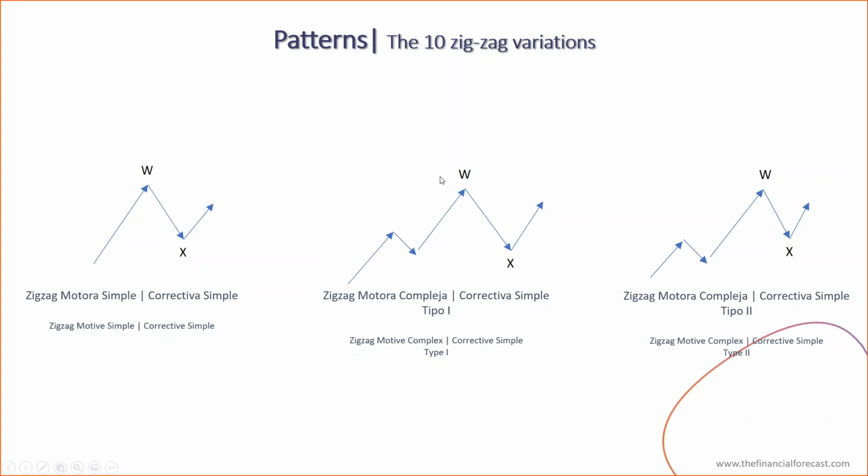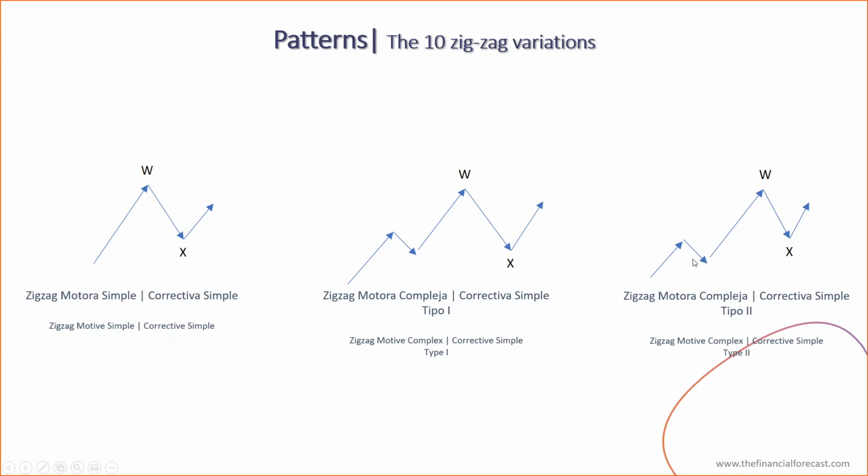Then the first motive wave can be complex. The corrective wave can be simple. And then we expect the third wave. Depending on how they are structured in the first subdivisions, I have something called type 2.